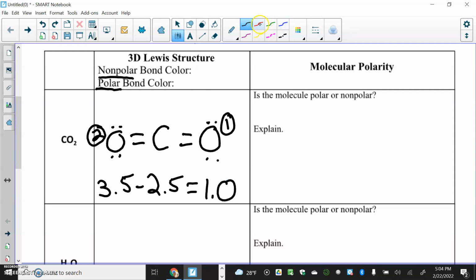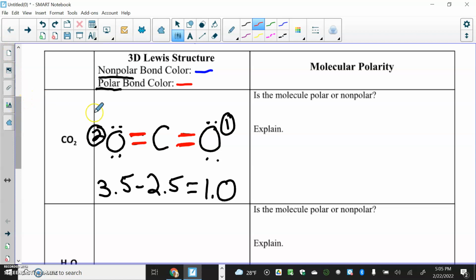So I'll make polar bonds red, nonpolar bonds blue. Sure, why not? Okay? Well, I just determined that these are going to be polar bonds. Okay? These are going to be polar bonds. So that's the first part.